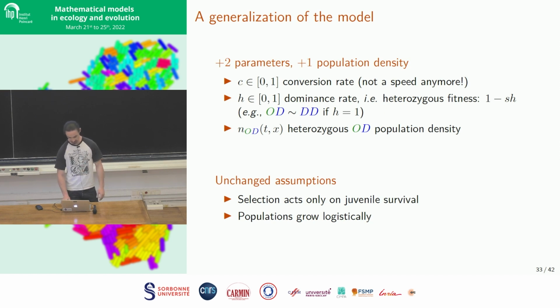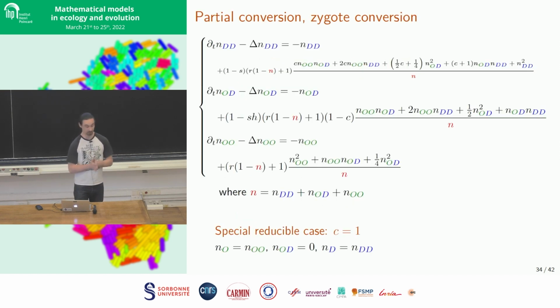Once you make these assumptions, you obtain for the zygote conversion this horrible system. So as you can see, it's so horrible that it does not fit in the slide. Anyway, you can verify that if C is equal to 1 and if the heterozygote population is initially at 0, it's going to stay at 0, and you recover the previous system.